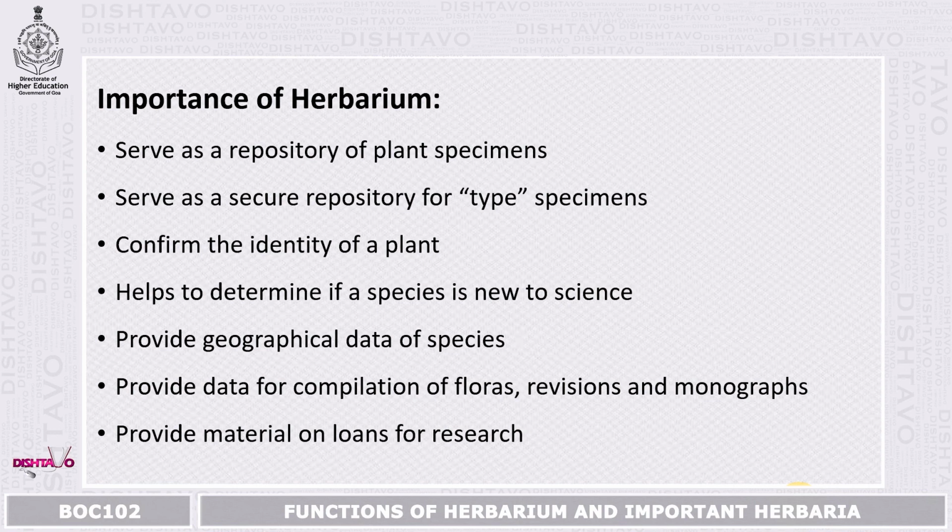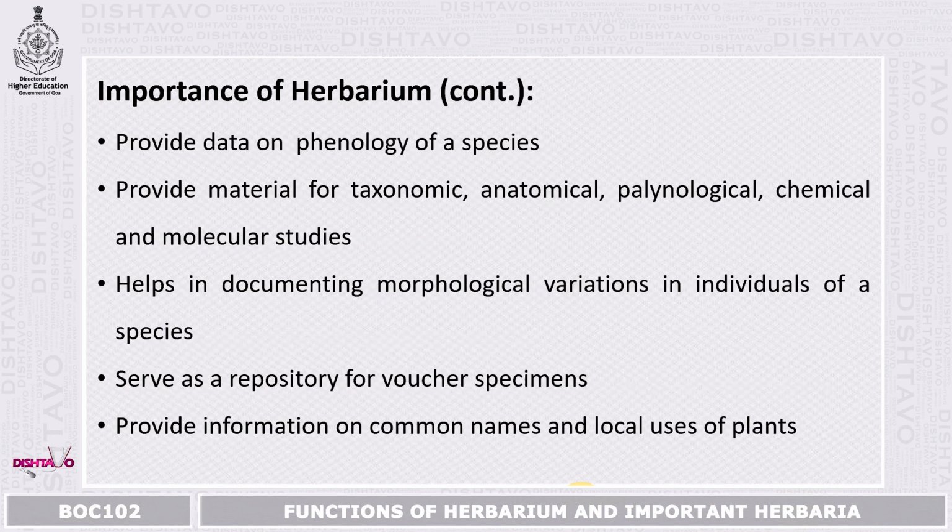Herbaria provide material on loan for research and provide data on the phenology of a specimen. Herbaria also provide materials for taxonomic, anatomical, palynological, chemical, and molecular studies. They help in documenting morphological variations in individuals of a species.